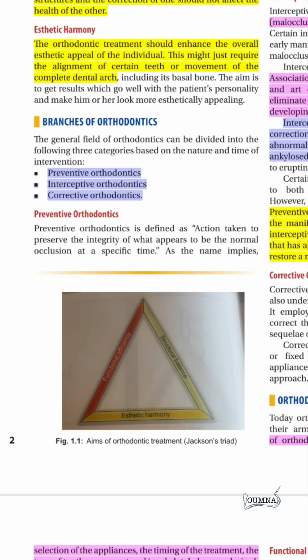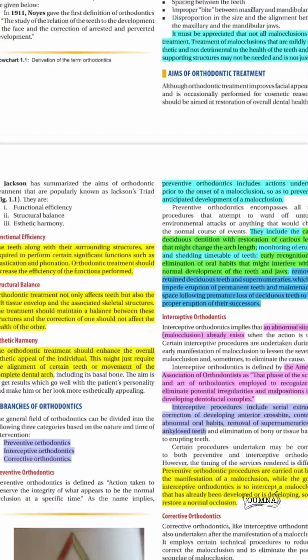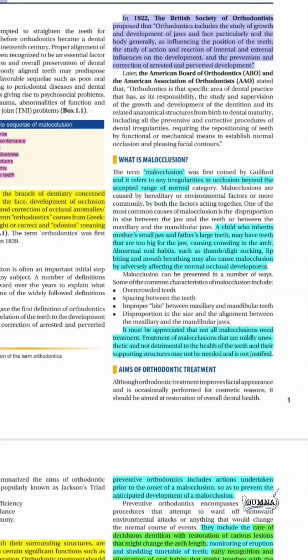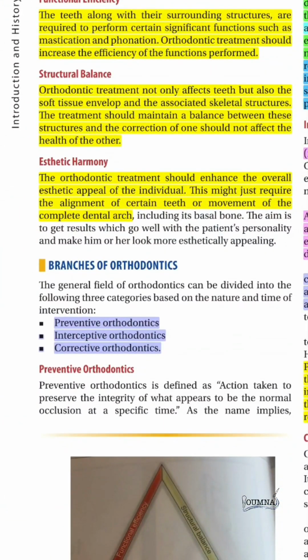And it is the main cause that patients seek for orthodontic procedure. So this can be achieved by several branches, which is the preventive orthodontics, or the interceptive, and the corrective.